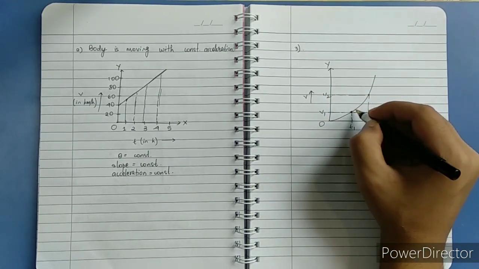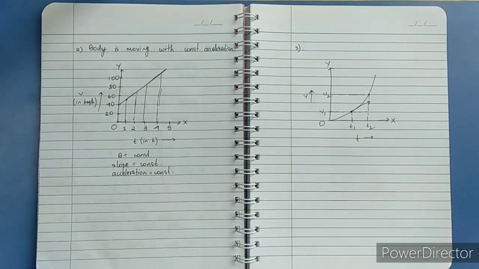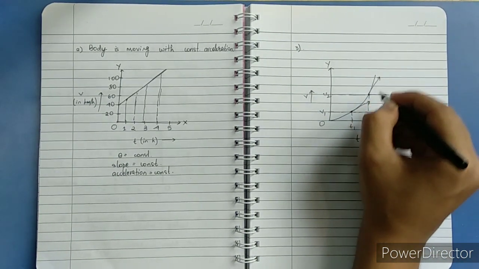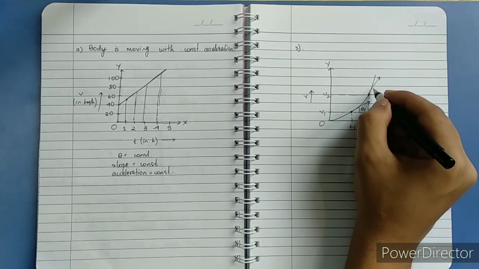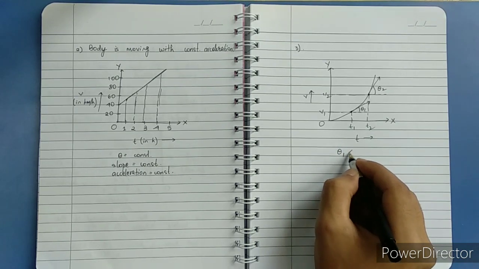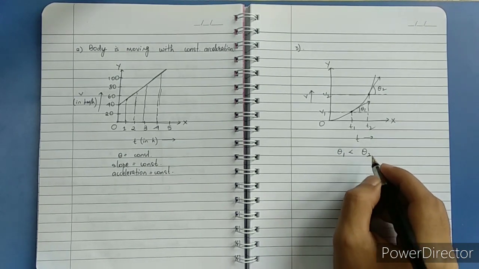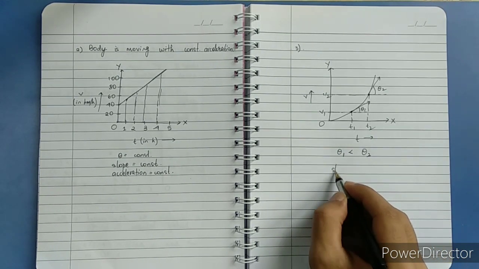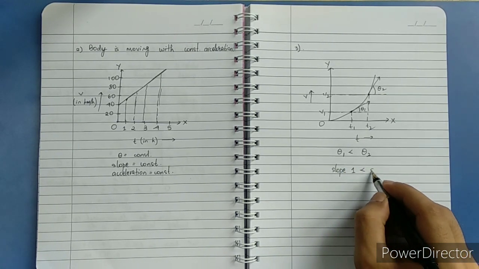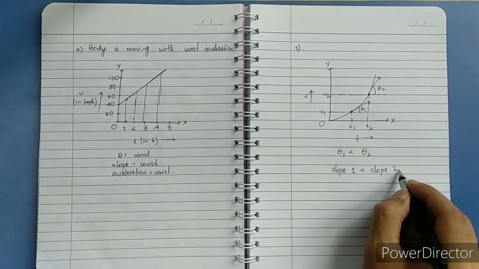Over here, this is the direction. Over here, this is the direction. This is theta1, this is theta2. As you can see, theta1 is less than theta2. So this implies slope at point 1 is less than slope at point 2.